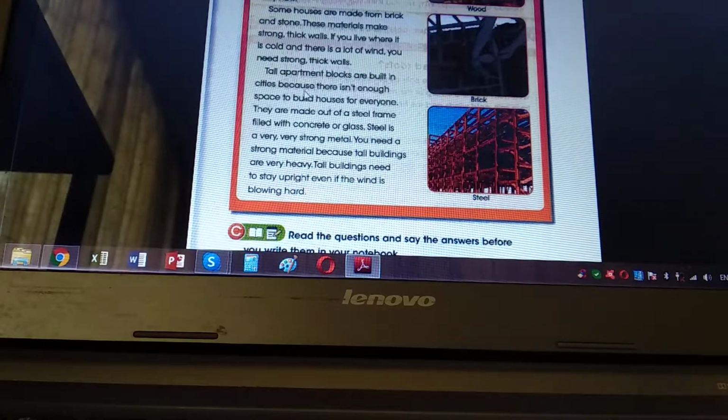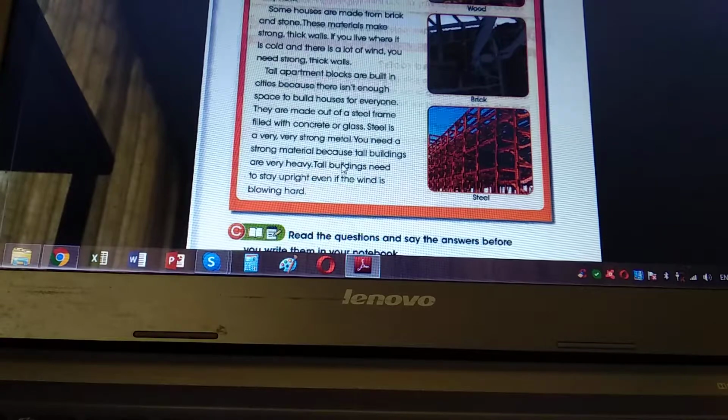Tall apartment blocks are built in cities because there isn't enough space to build houses for everyone. They are made out of steel frame filled with concrete or glass. Steel is a very, very strong material. You need a strong material because tall buildings are very heavy. Tall buildings need to stay upright even if the wind is blowing hard.